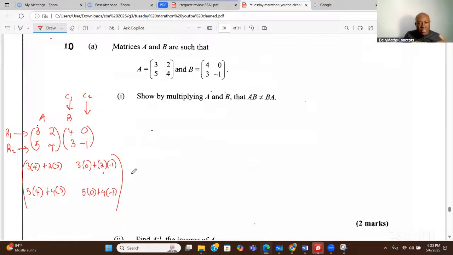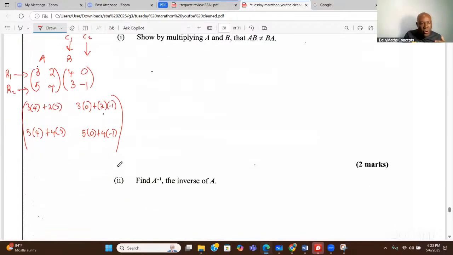Now let's put these together in terms of numbers. Putting together these numbers: 12 plus 6 here, this is 0, this is a -2, this is 20 plus 12, and 0 minus 4.